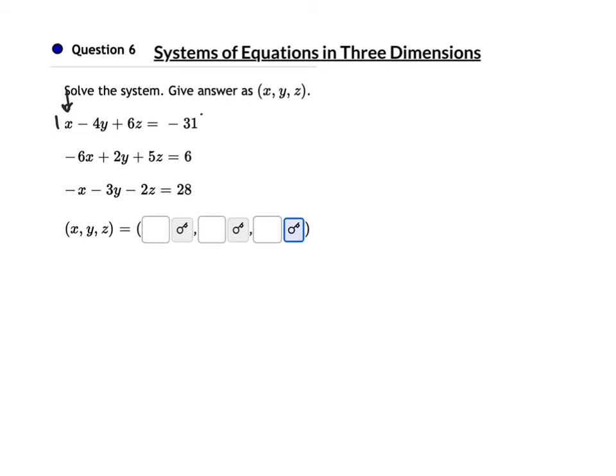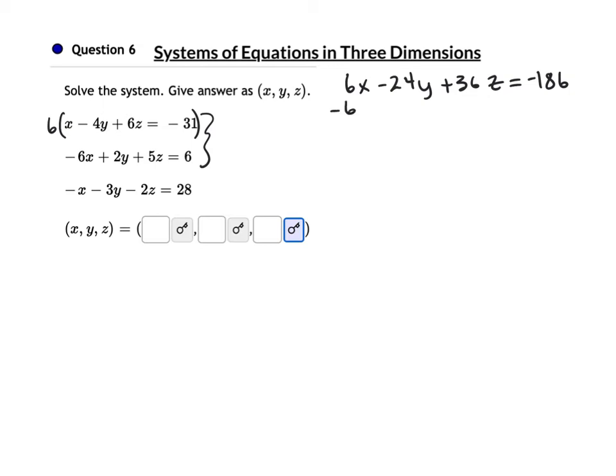So I'm going to pick the top 2 and eliminate the x's, which means I'm going to make positive 1x be positive 6x. I'm making a pair of opposites. So my top equation becomes 6x minus 24y plus 36z equals negative 186.